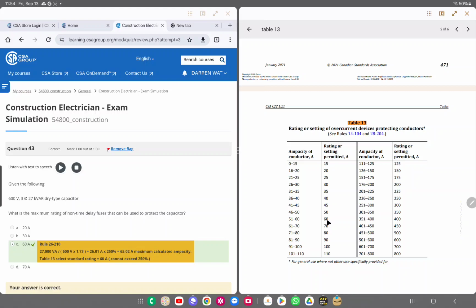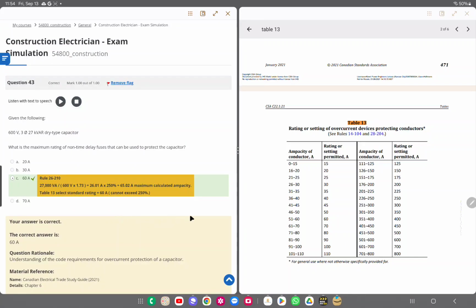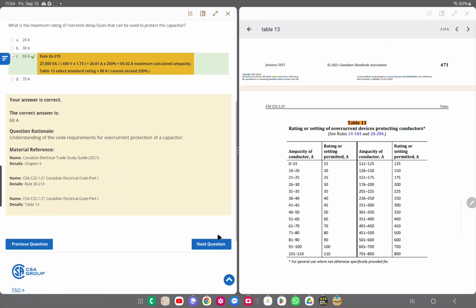I'm pretty sure if it was just a normal transformer, if you're in the range, you go across, you stay. But because it is a capacitor, we go across, we size down. That is for motors, hermetics, and capacitors: one size down if you land in a range. So in this case, we're going to use a 60 amp overcurrent protection, because it's a capacitor. Next question.